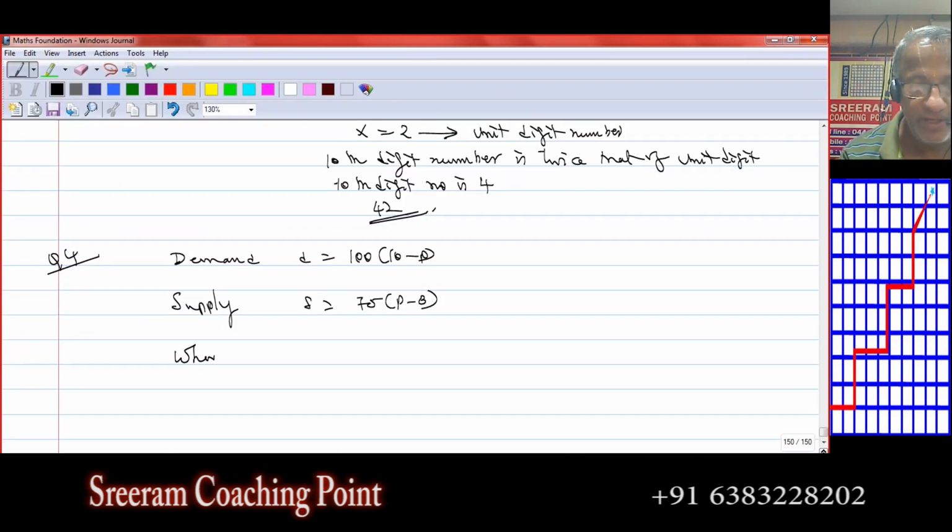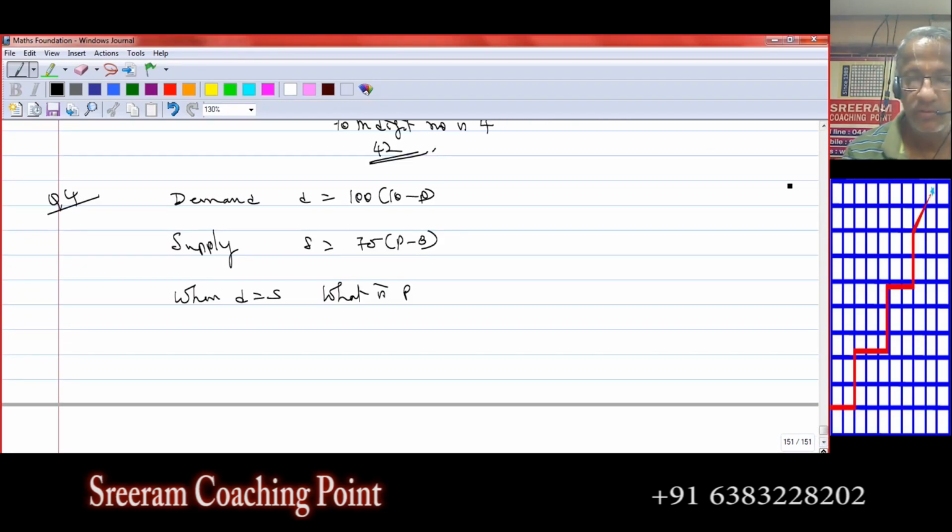So when D is equal to S, what is P? So 100 into 10 minus P equal to 75 into P minus 3.